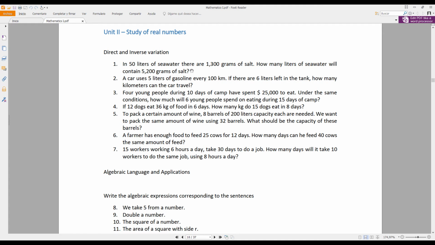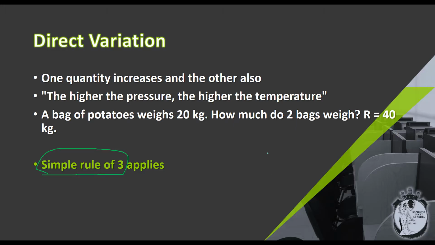So if you have fewer liters of seawater, you will get fewer grams of salt. So this is the reason that the first exercise is about the direct variation. Okay, guys? Okay, we continue.